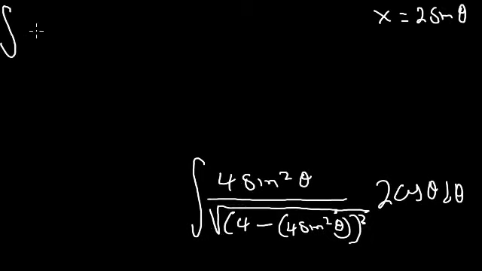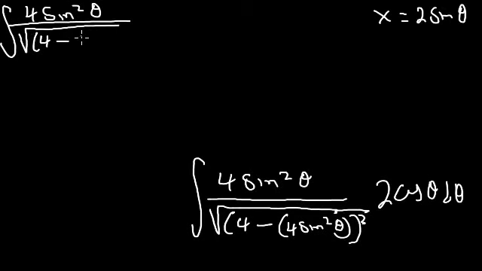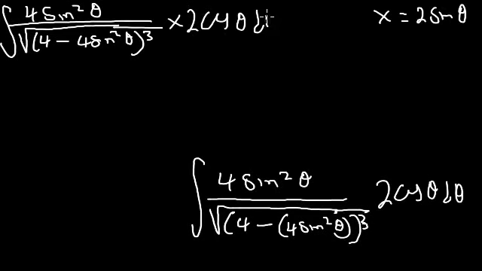That will eventually be the integral of 4 sine squared theta, all divided by the root of 4 minus 4 sine squared theta, all raised to the power of 3. This is cubed, and that is multiplying 2 cos theta d theta. Perfect.